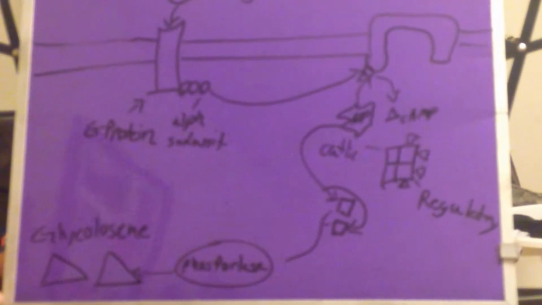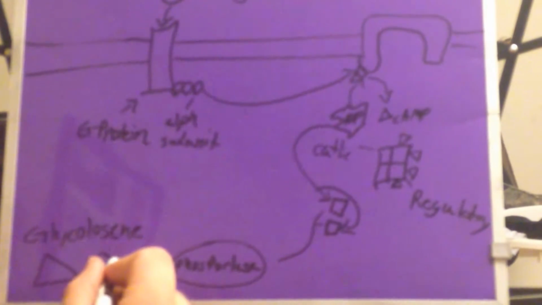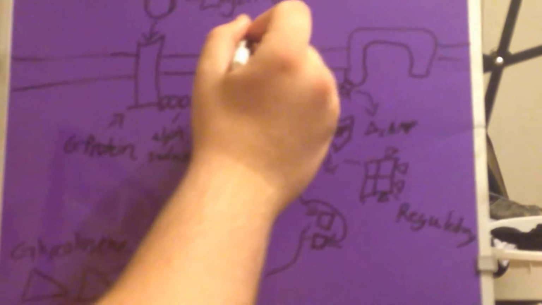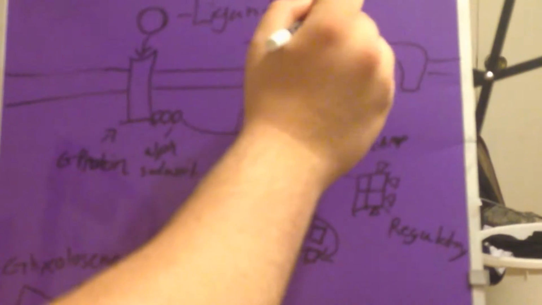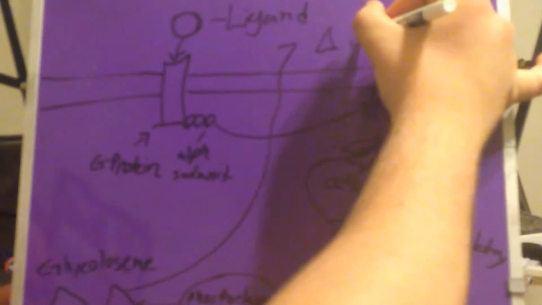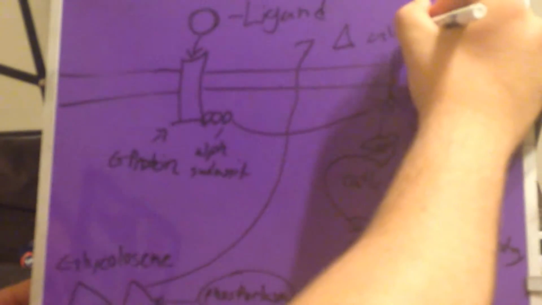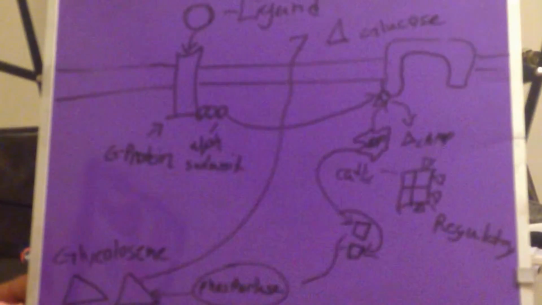And then basically what happens from there is this glycosine will travel outside the cell and form glucose. And that is the G protein pathway.